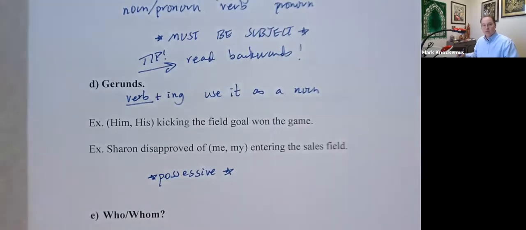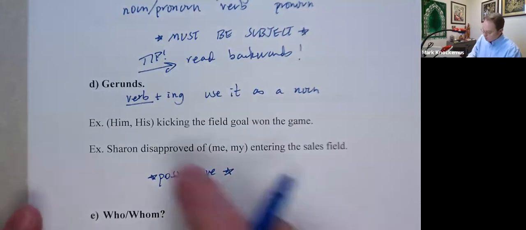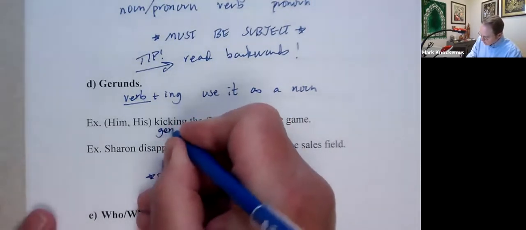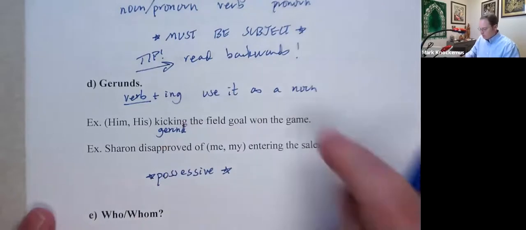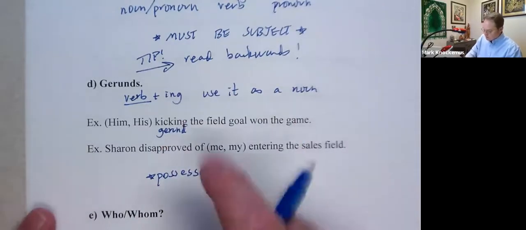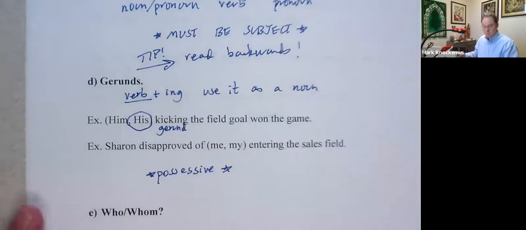Blank kicking the field goal won the game. Now, it's not him kicking the field goal. What do we see here? Kicking. That's a gerund. It's being used as a noun, right? So it has to be the possessive. His kicking the field goal.